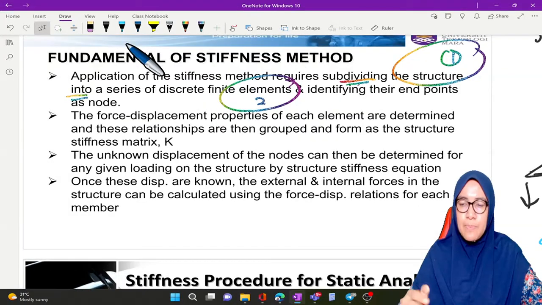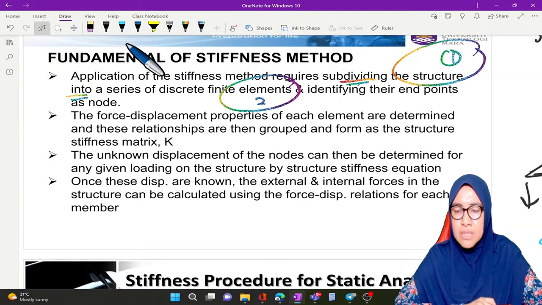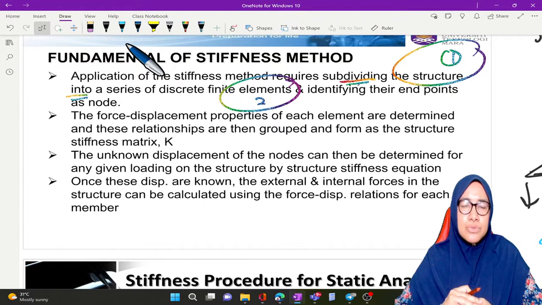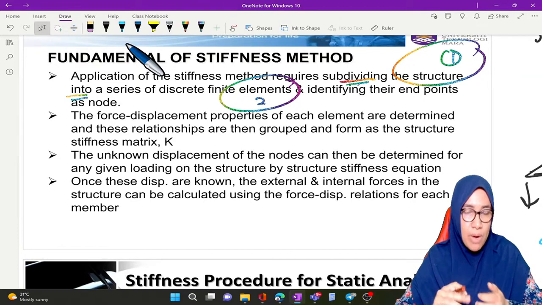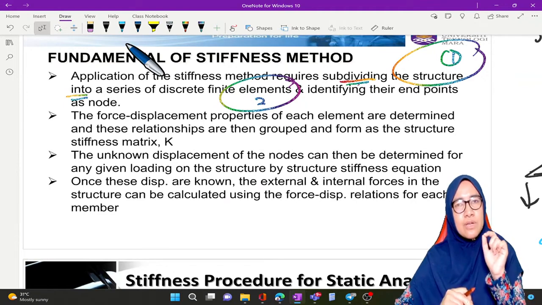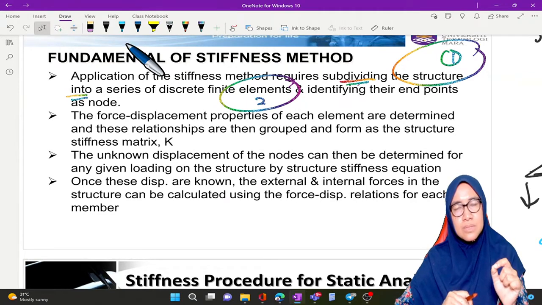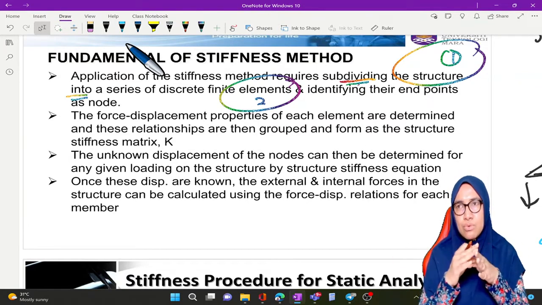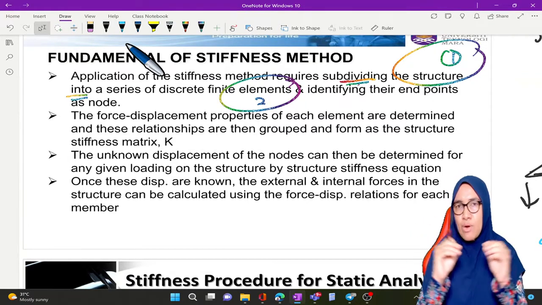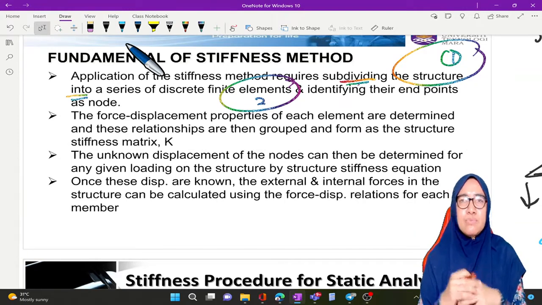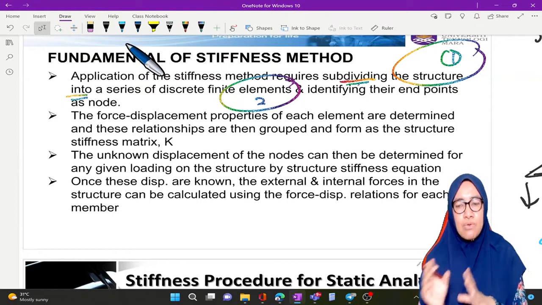Next, the force displacement properties of each element. Try to relate this to structural software, where the first step is to start with a point, then build the element. You combine two points, 2 nodes, to become one element, and then you combine elements to become the structure.